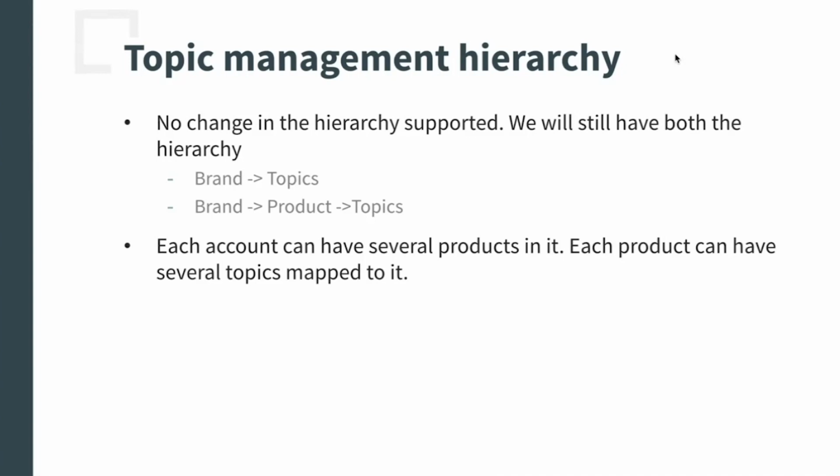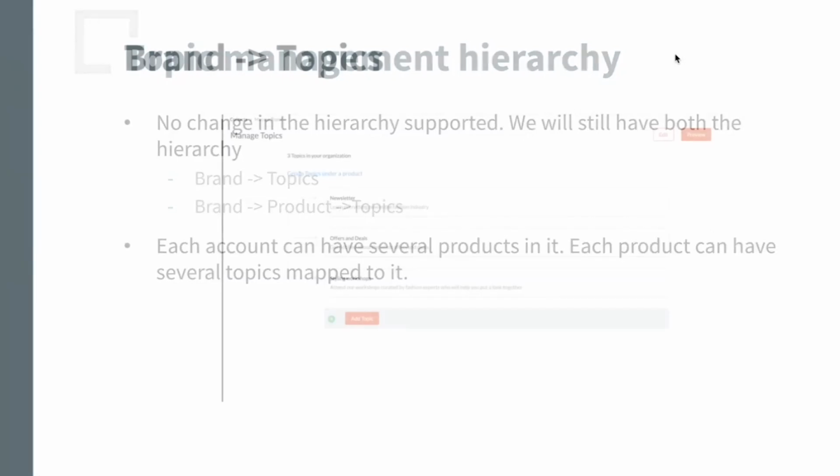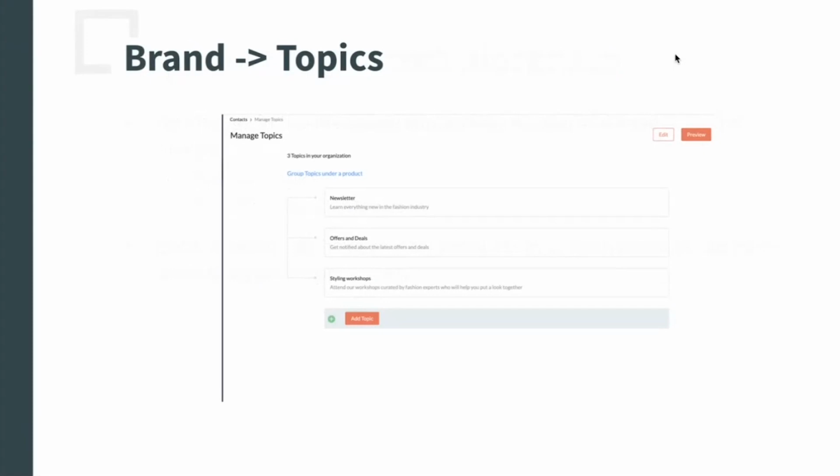In case you are a company like Zoho, Zoho is the mothership, and under Zoho you have several products like Zoho CRM, Zoho Campaigns, Zoho Books, and so on. Then you can opt for brand product topics. So under one brand you can create multiple products, and under each product you can create multiple topics.